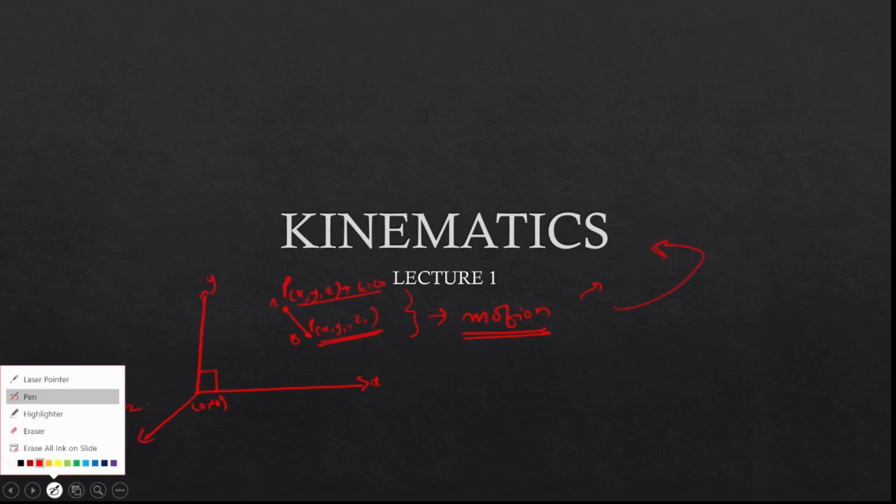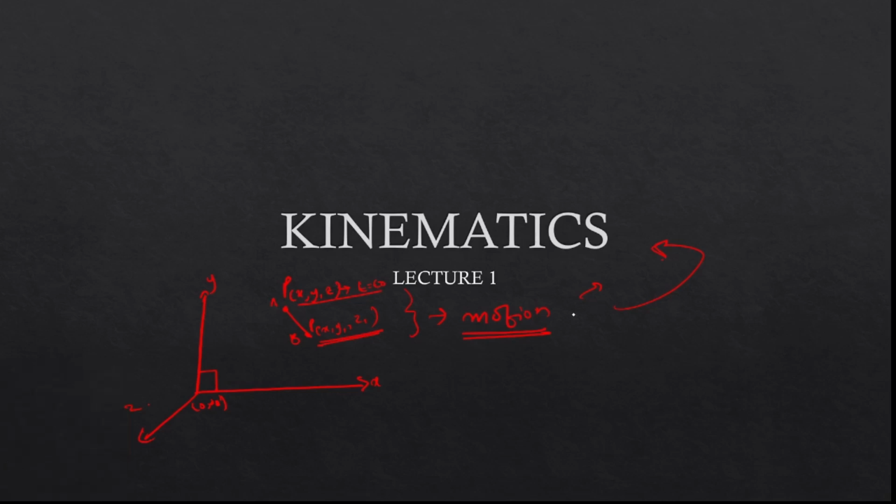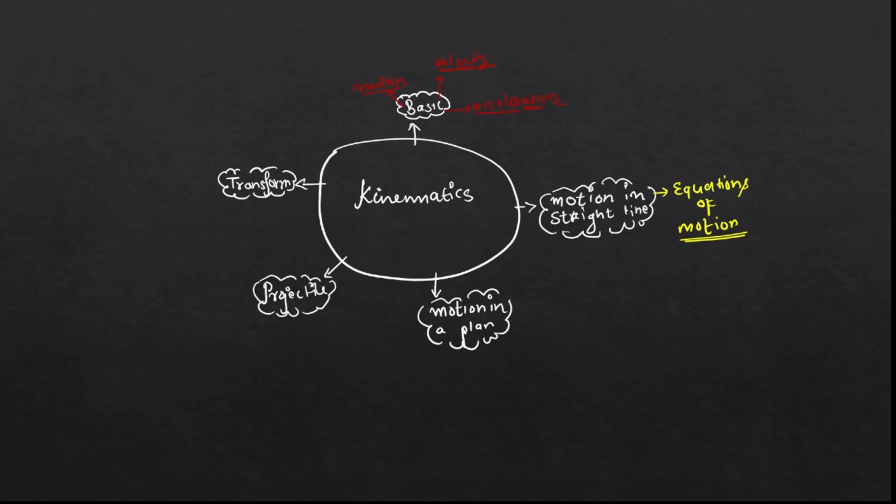So this is motion, which we are going to study here in this lecture. So what happens when a body moves, when a body possesses this motion? Then there are a few things which we should know.